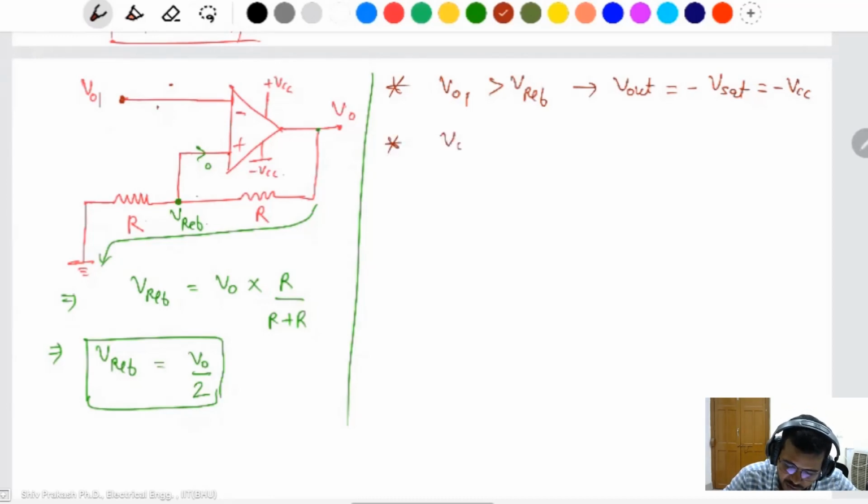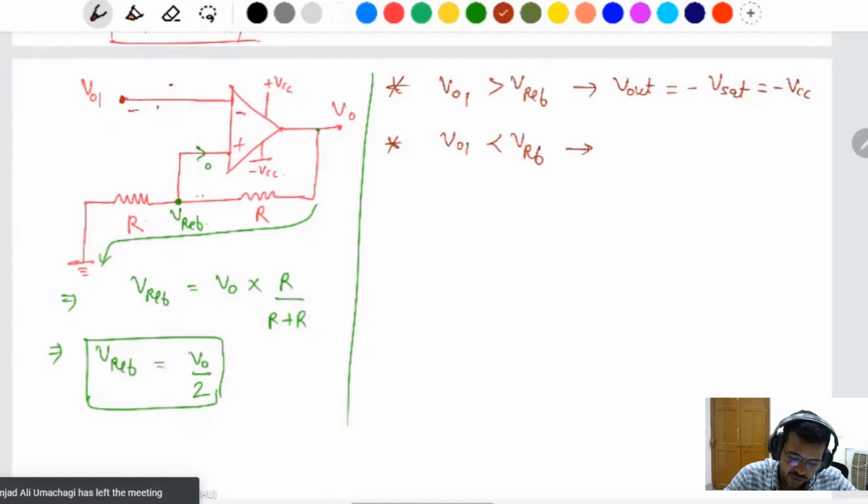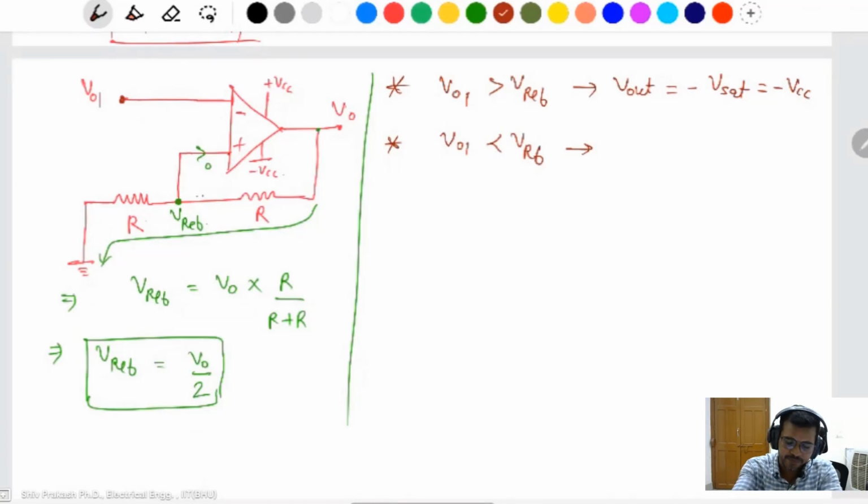Similarly, if the input voltage V naught 1 here is less than the reference voltage, it means this voltage is more negative than this voltage. In that condition, take minus V reference, this is a negative value, and the input is more negative than this one.